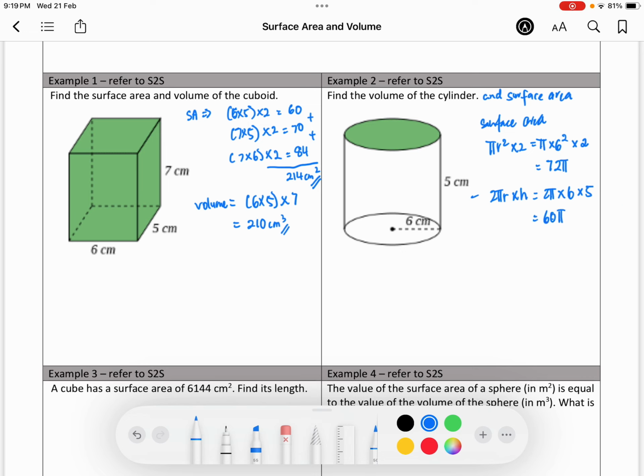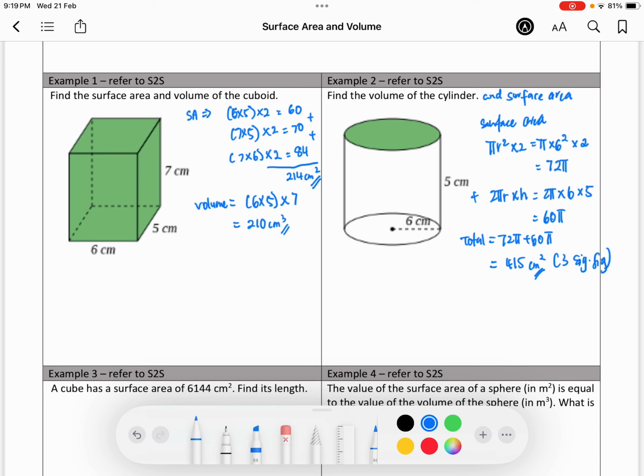So add this up, so you get the total. 72 pi plus 60 pi is equal to 132 pi. 132 times pi, you should get 415 centimeters square. Correct to 3 significant figures because the answer is not exact.